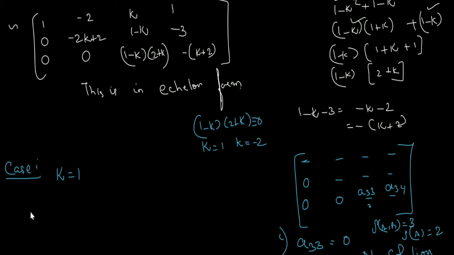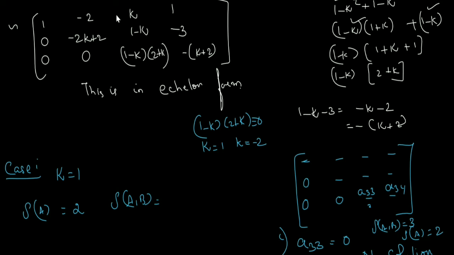If A33 is 0, then what happens to rank of A? This is a matrix A. Count the number of non-zero rows. 1, 2. This is a 0 row because this is 0 now. So rank of A is 2. What is rank of AB? This is 0, this is not 0, so this is a non-zero row.